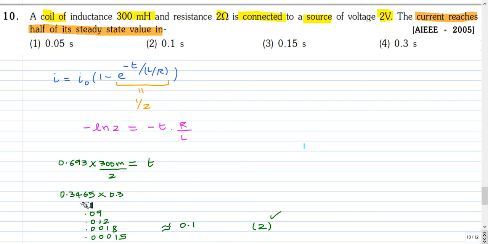So from this we get the time as this into 0.3. 0.3 into 0.3 is 0.09, 0.3 into 0.04 is 0.012, 0.3 into 0.006 is 0.0018, and 0.3 into 0.0005 is 0.00015. So adding these things we get approximately 0.1. The correct option is option 2.